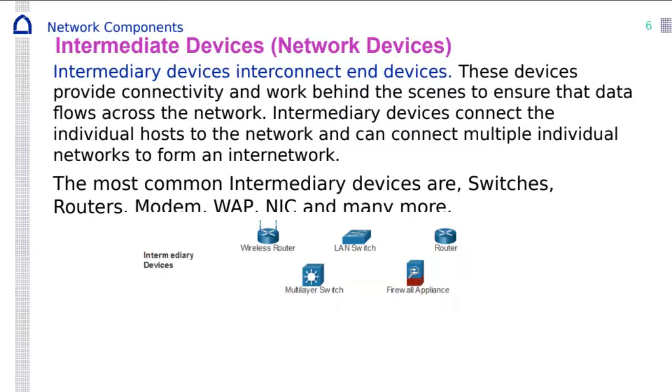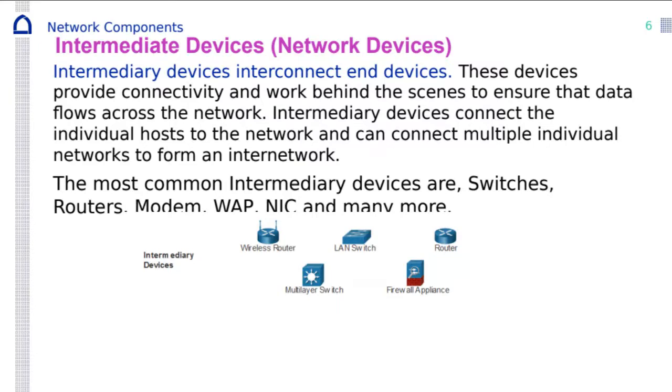Do you understand this meaning? So it can connect multiple LANs, like the router can connect multiple LANs. The switch connects the computers within one LAN. If I have different LANs and I want to connect them together, I need a router.